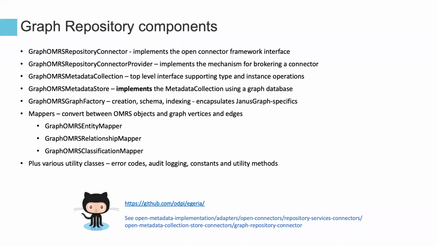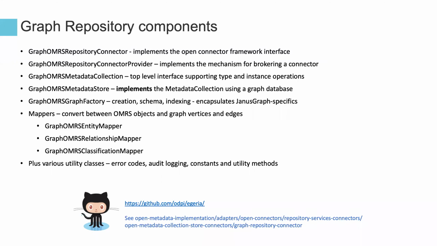So if you look carefully at the in-memory repository versus the graph repository, you would find that the top 3 layers here are very, very similar. And it's when you get down to the metadata store class where you really start to see the differences, because the connector that I wrote maps to a graph database. The in-memory metadata store is mapping to a set of in-memory maps. So that's where you really start to see the difference.